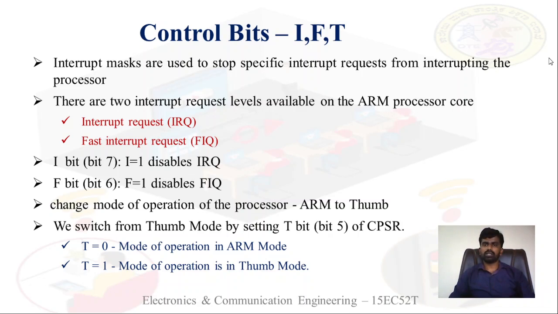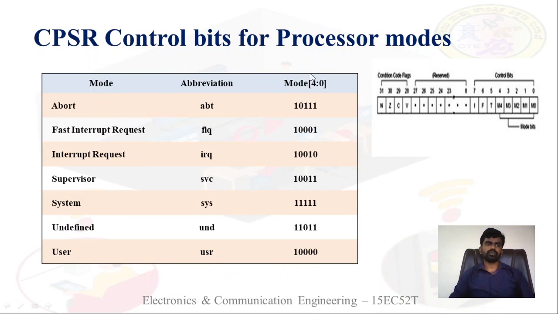It's 8 bits. The first 5 bits are used for mode selection, which is discussed in the next slide. The other 3 bits are I, F and T: 2 interrupt mask bits and one state bit, which indicates either ARM mode or Thumb mode.